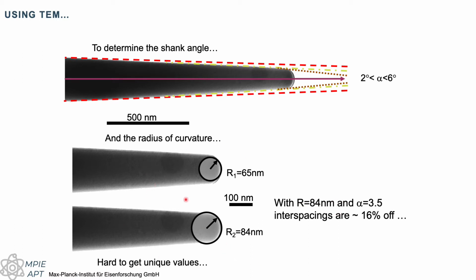But if I take this specimen that I analyzed afterwards, using a 3.5 degree for the shank angle and about 80 nanometers, I still get interspacings between the 002 planes that were quite off. So it's still not that straightforward, even using a TEM image of your needle to get the right parameters.